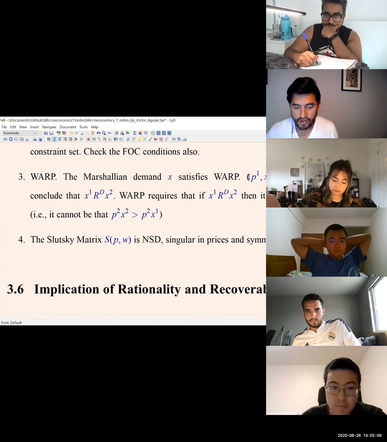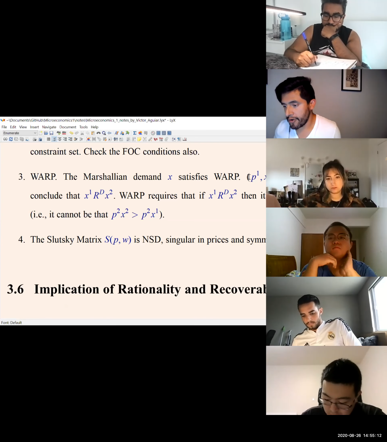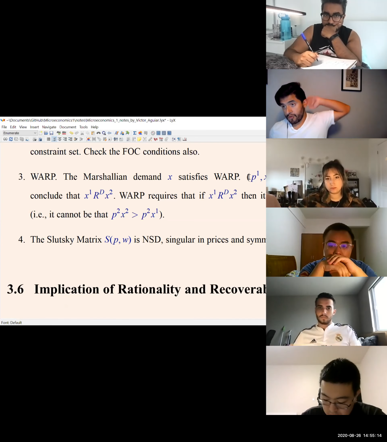Okay, so you cannot have this strict reversal. Do you agree? I granted it is slightly different from chapter 2, but that's it.